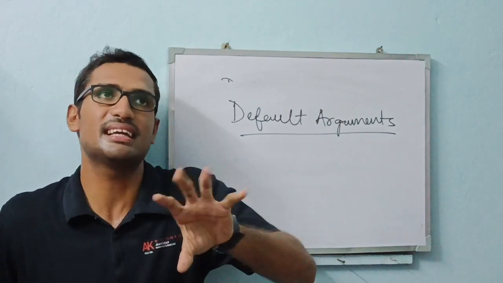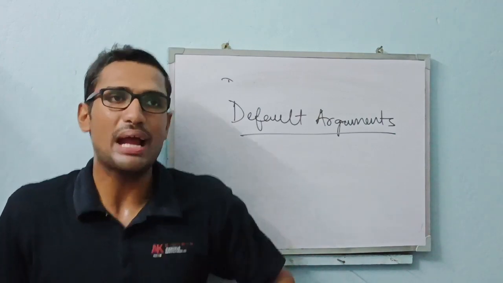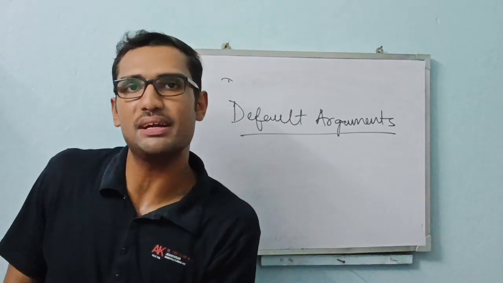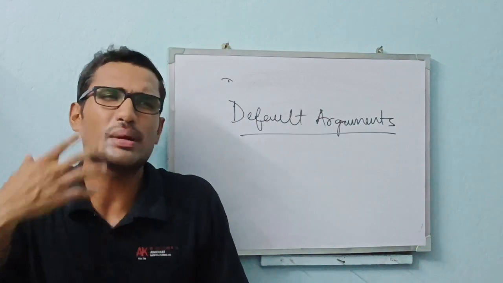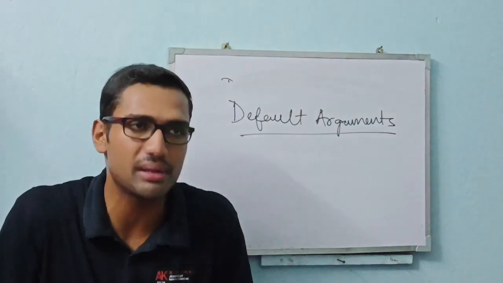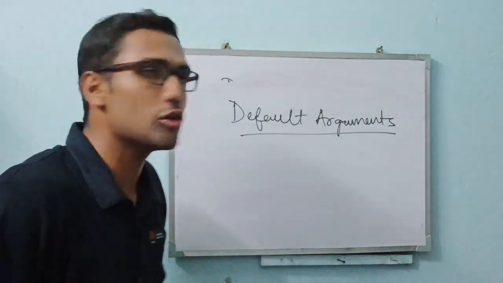But there is a rule: a parameter cannot have a default value until and unless all the parameters appearing on its right have a default value. This statement may not be clear yet, but if I take an example, all of it will be clear. So it's better to take an example.